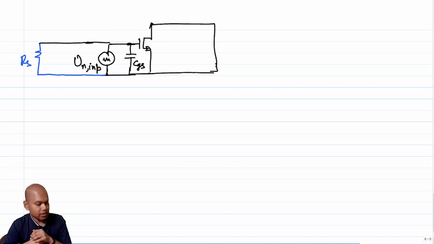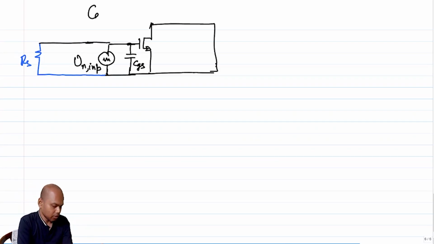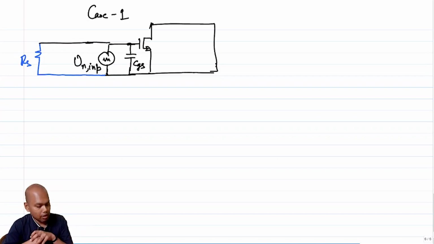Let's say case 1: I model the noisy transistor as a noiseless transistor and a voltage source, just like I have shown here.